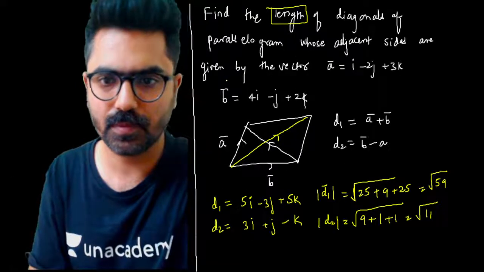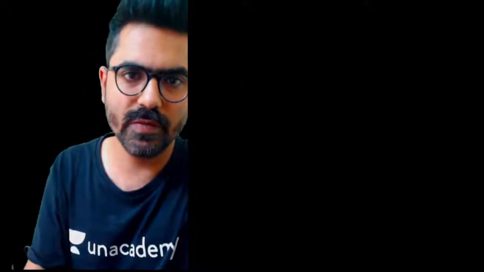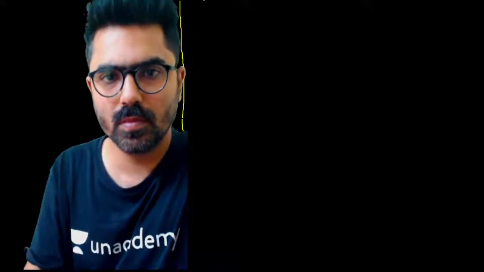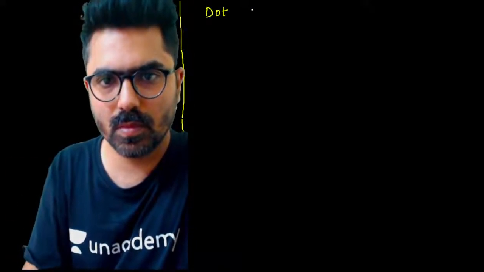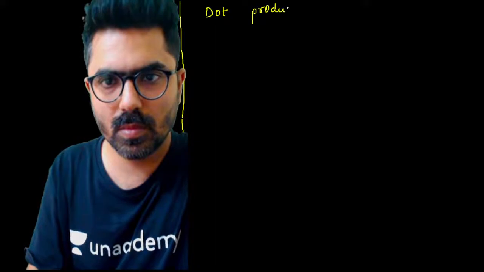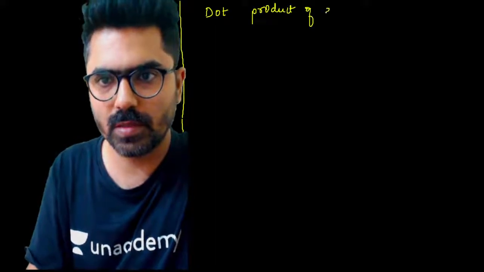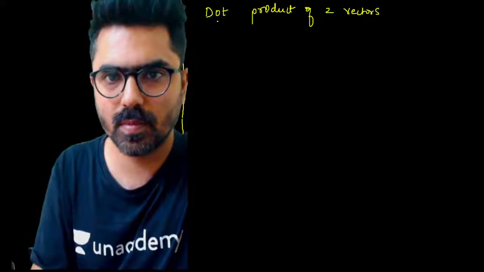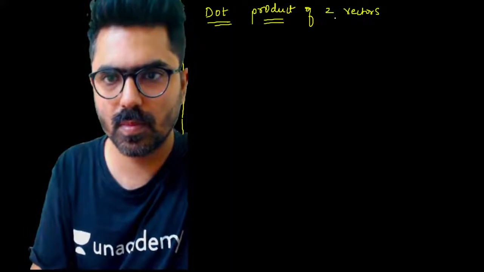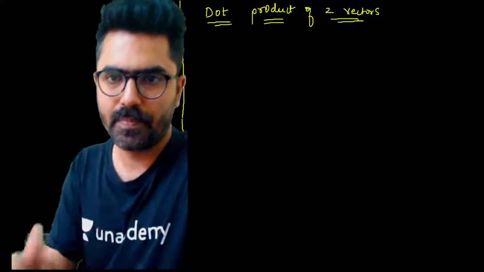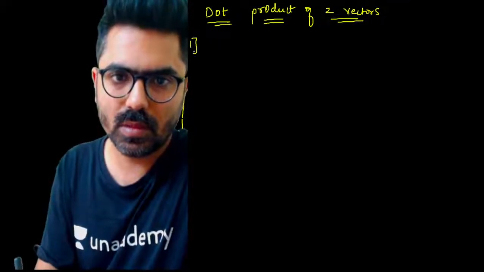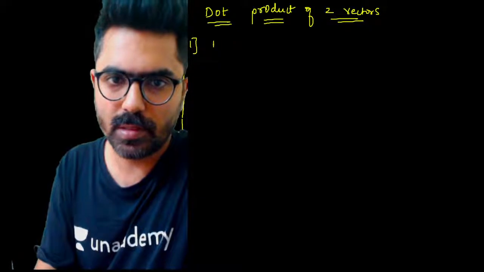Okay, now let's go ahead with the dot product. Dot product of two vectors. In this, let me take an example or a note point.